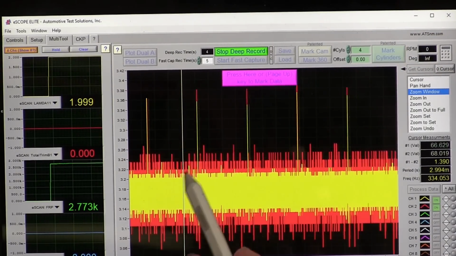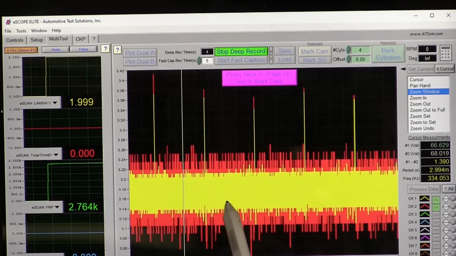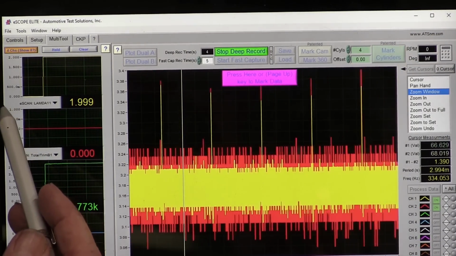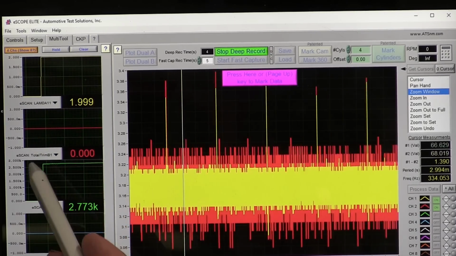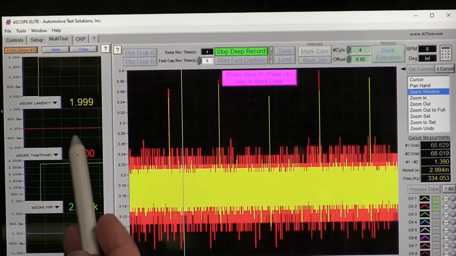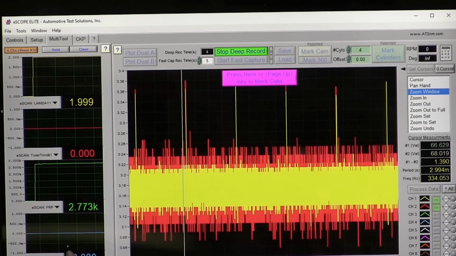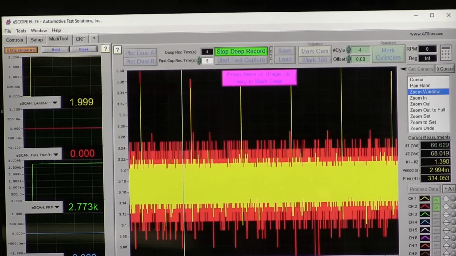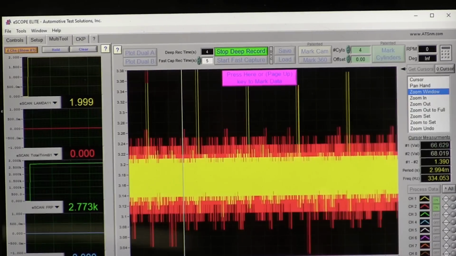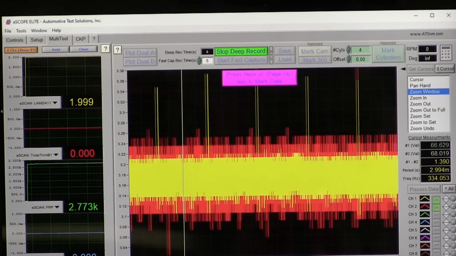Okay guys, I've got the fuel injector for number 2 up on the screen. I've got the scan tool lambda right here, the scan tool total trim right here, and the scan tool fuel pressure here, and the RPM is right here. Now the car has not been started, so this is a fresh start. Go ahead and start it.